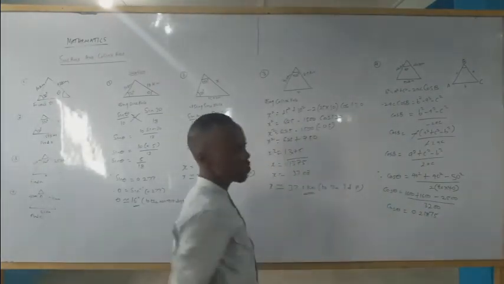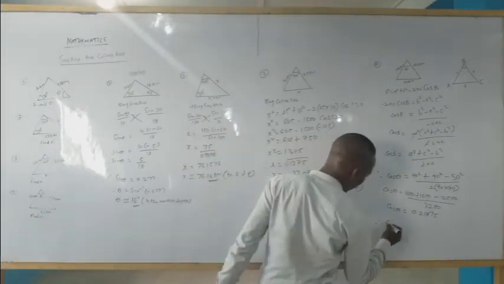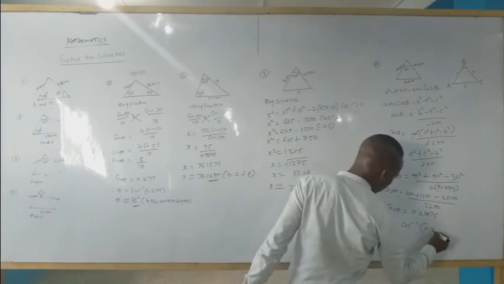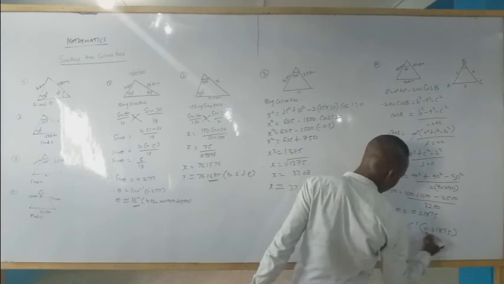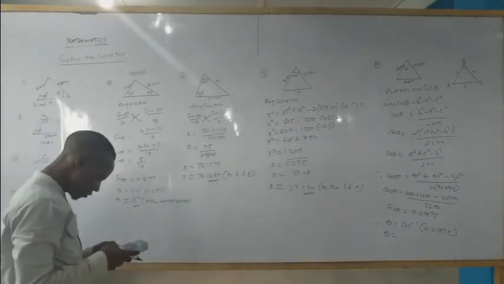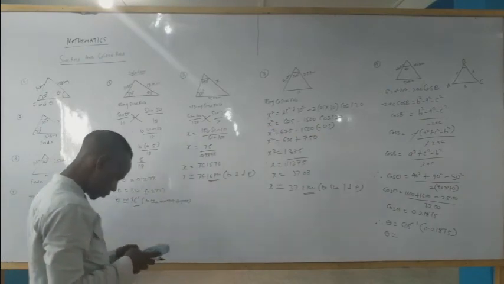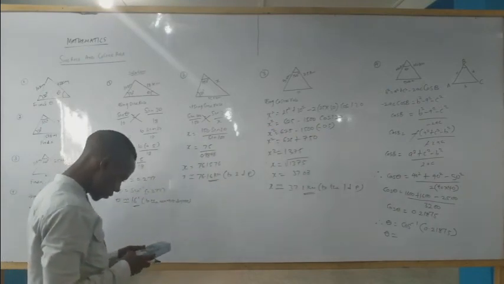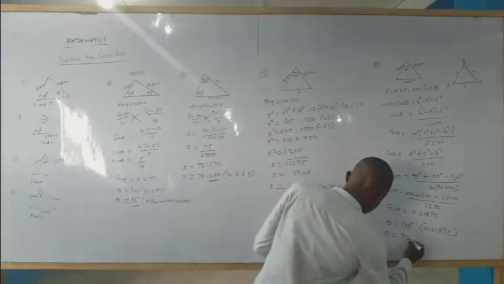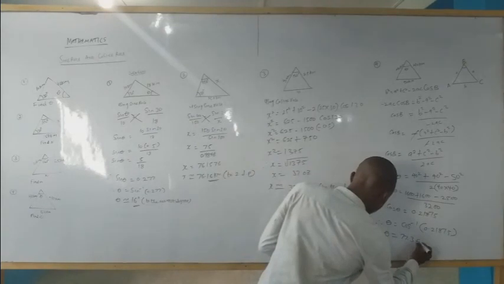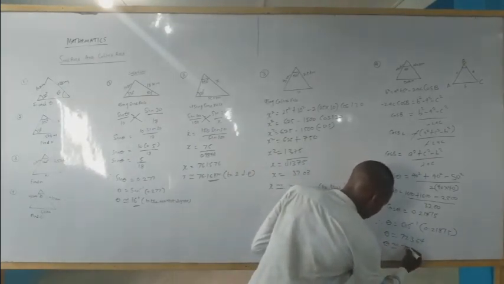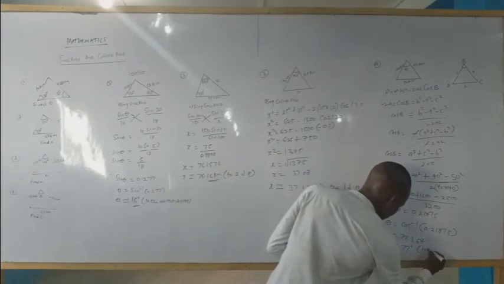To get the value of theta, we say therefore our theta is equal to arccos of 0.21875. So theta will then give us 77.364. Theta is approximately equal to 77 degrees to the nearest degree.